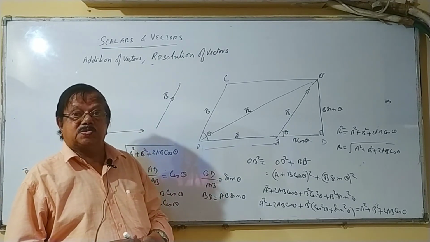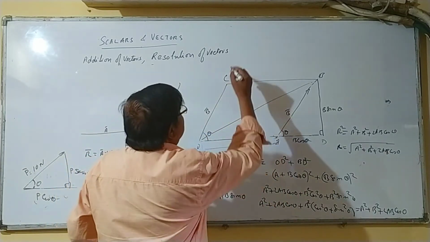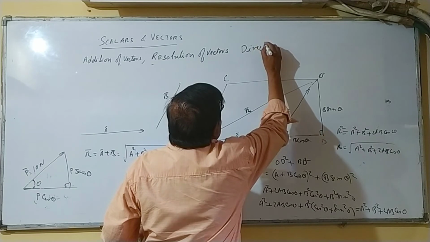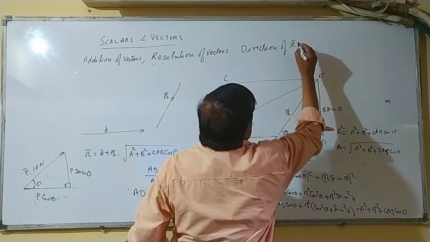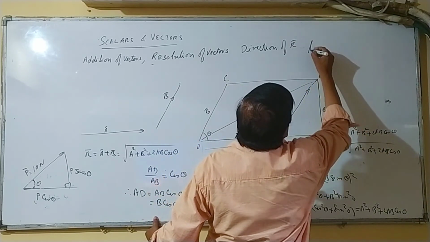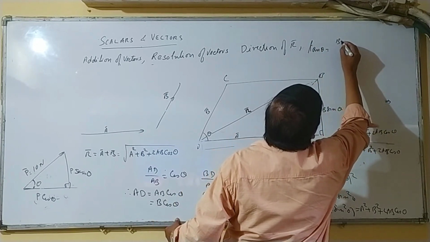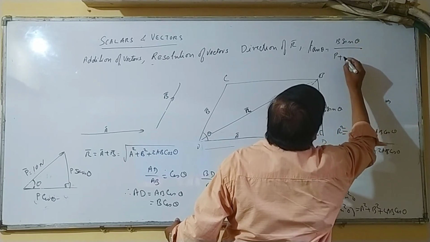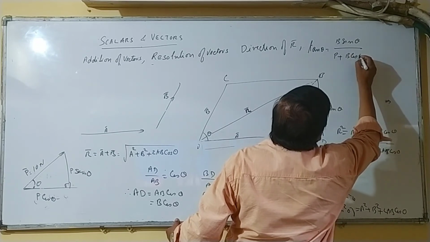Now, we also have to give the direction of the resultant. Direction of the resultant R vector: tan theta equal to B sin theta upon A plus B cos theta.